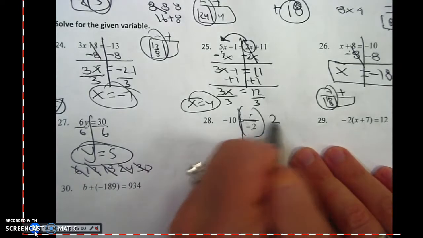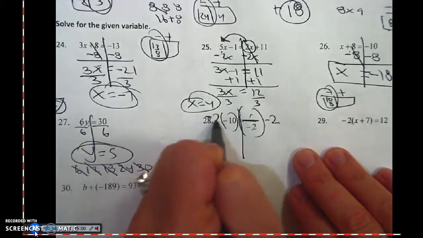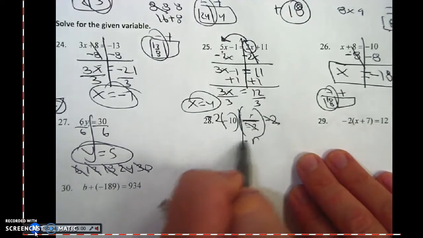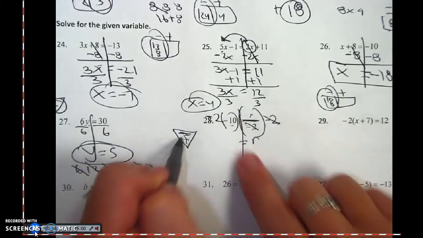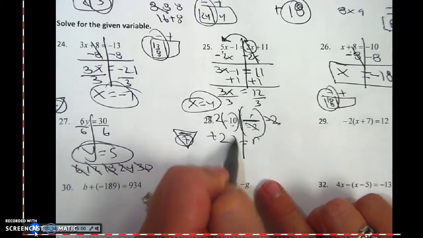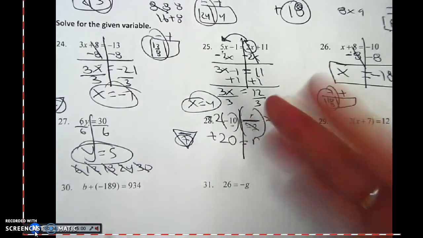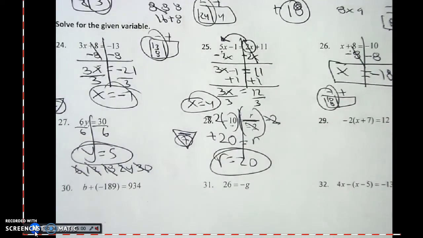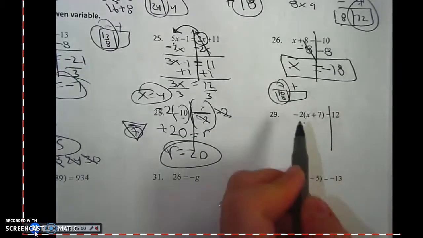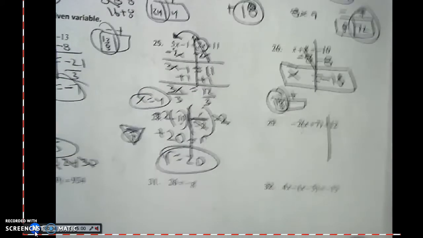What's the opposite? Multiply. Don't forget the backpack. By R equals. You know I'm going to do my triangle. Negative, negative, positive. And 2 times 10 is 20. But this is backwards. I want to make it forwards. R equals 20.